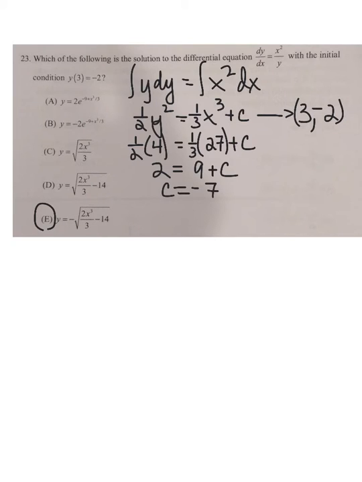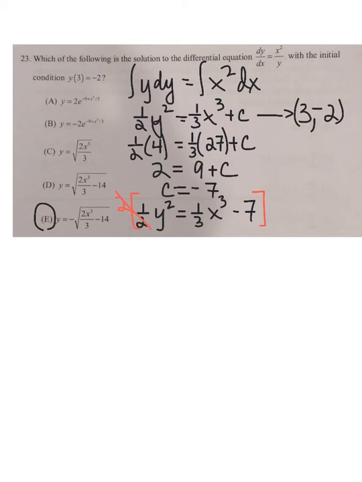Let me plug that into the equation. So I have 1/2 y squared equals 1/3 x cubed minus 7. What I'm going to do first is take everything here and multiply by 2, because that way I can get rid of that 1/2.